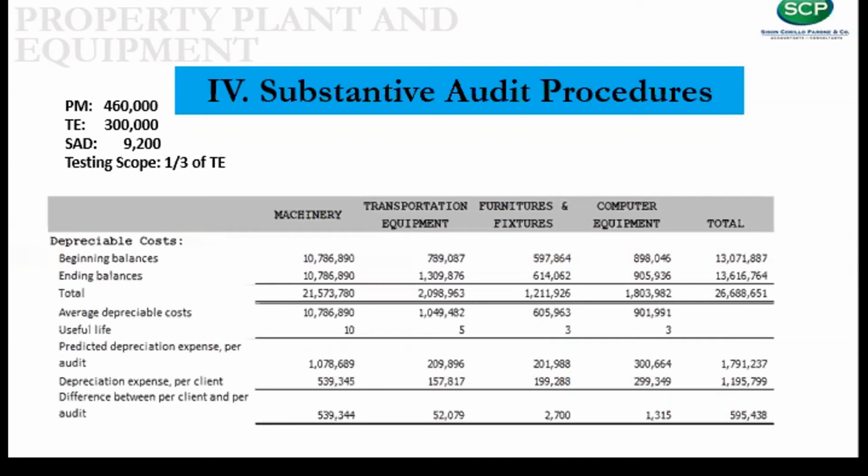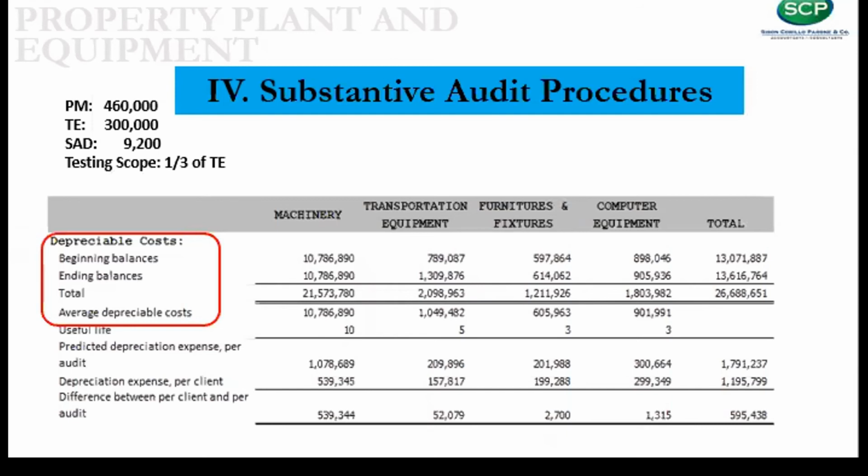As we may notice, we only took the averages of the depreciable cost for each fixed asset classification by adding the beginning and ending balances of the cost and dividing them by 2. Please note that it should be the depreciable cost and not just cost. This means that the cost to be used in testing should be net of those fully depreciated assets already.